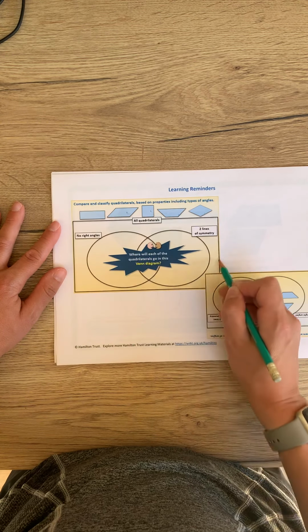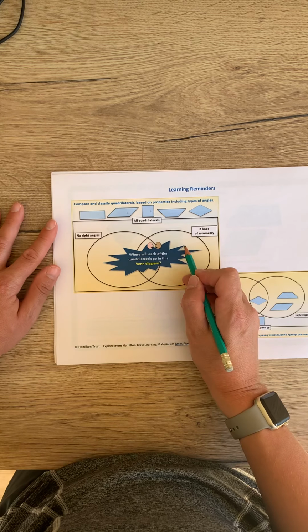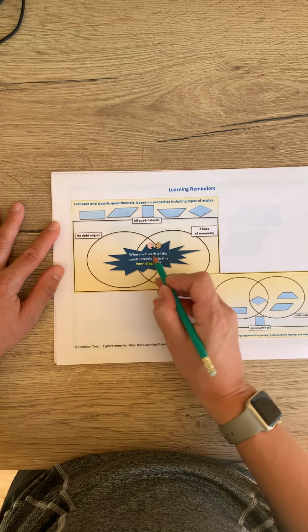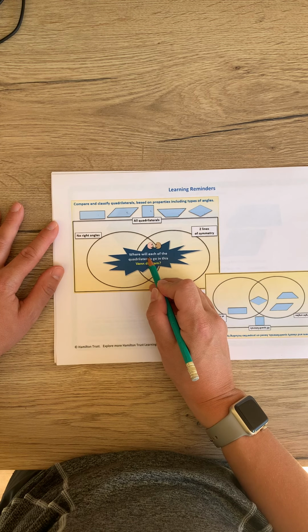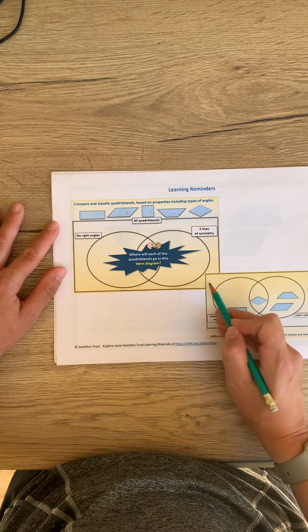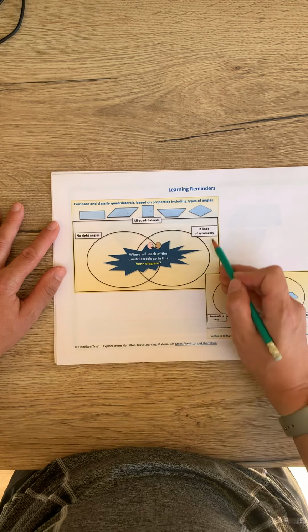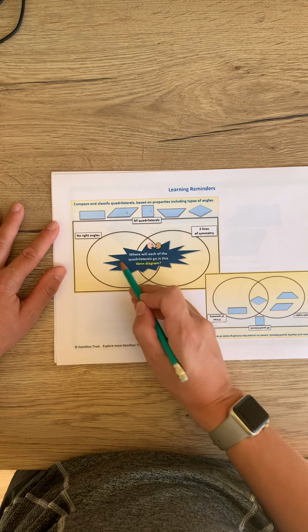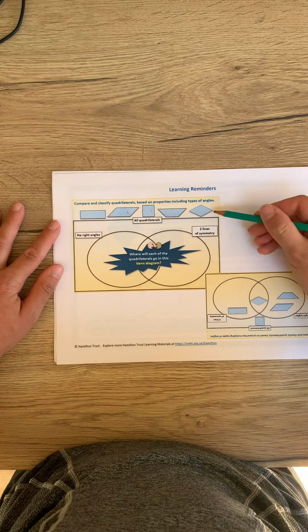This circle is for any quadrilaterals which have two lines of symmetry. So the middle section are any quadrilaterals with two lines of symmetry and no right angles. And then the space outside, don't forget that's still part of the Venn diagram, is for any quadrilaterals which don't fit anywhere else.